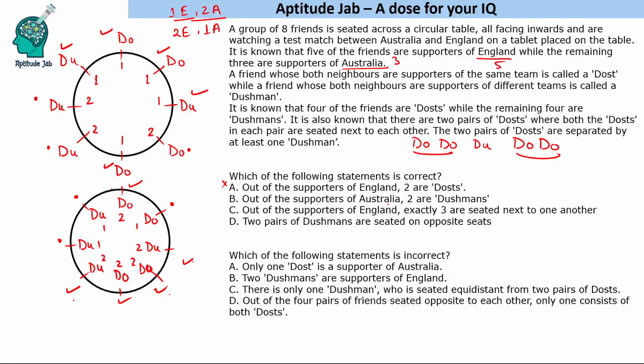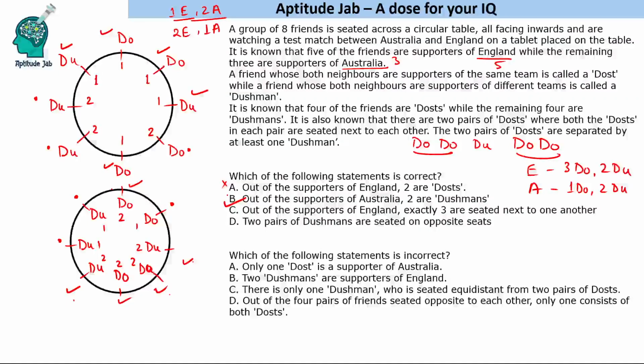Out of the supporters of Australia, 2 are dushman. तो देखो इंग्लैंड के उसमें 3 दोस्त हैं और 2 दुश्मन हैं. ठीक है, और ऑस्ट्रेलिया के उसमें क्या हो जाएंगे? ऑस्ट्रेलिया के उसमें 1 दोस्त है, राइट? We see 1 dost and 2 dushman, right? So option B is correct.